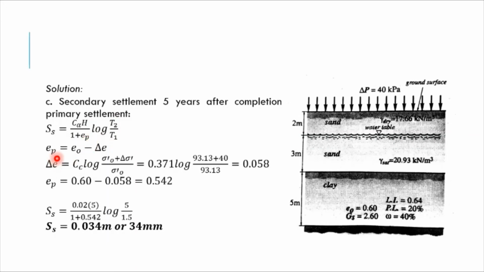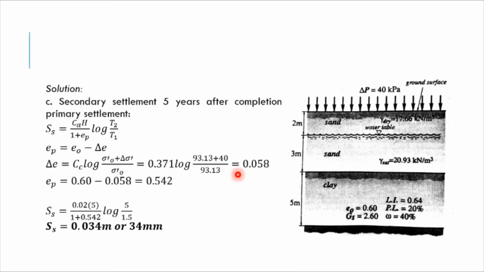So the void ratio at the end of primary consolidation is equal to the initial void ratio of the soil minus change in e. And in order for us to get the change in e, it is equal to Cc logarithm of the overburden pressure plus the additional stress over the overburden pressure. So Cc is 0.371 logarithm of 93.13 plus 40 over 93.13.